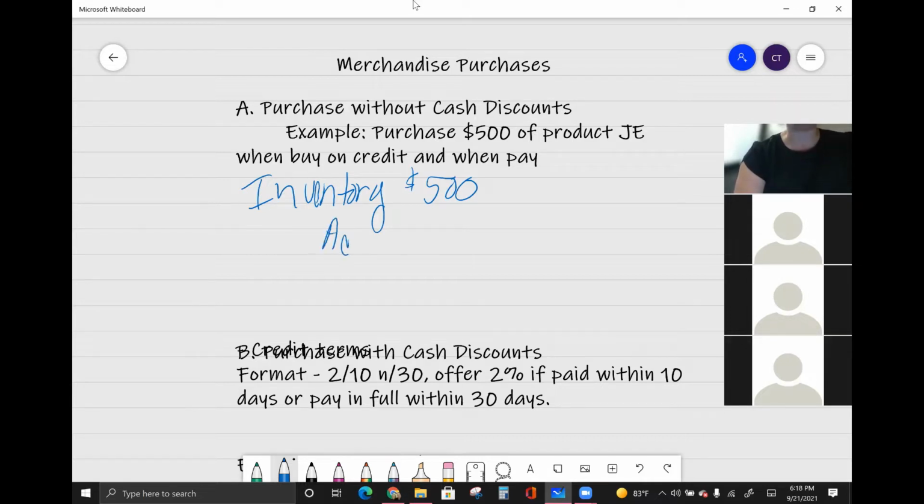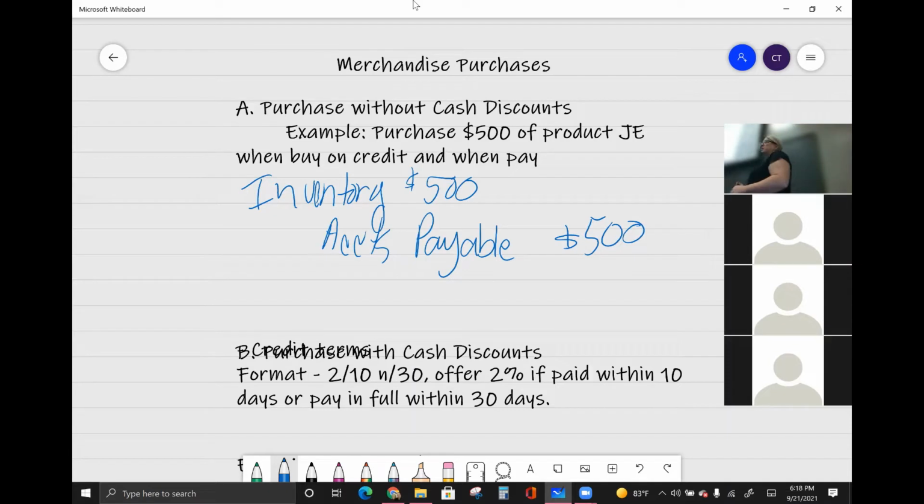It's going to be accounts payable. Now, if I paid cash for this product, I would credit cash so that my cash is reduced. So now I have my asset set up and I have my liability set up. I got to pay this in the future. They're both increased. Even though one's a debit, one's a credit, they've both increased. You understand why?